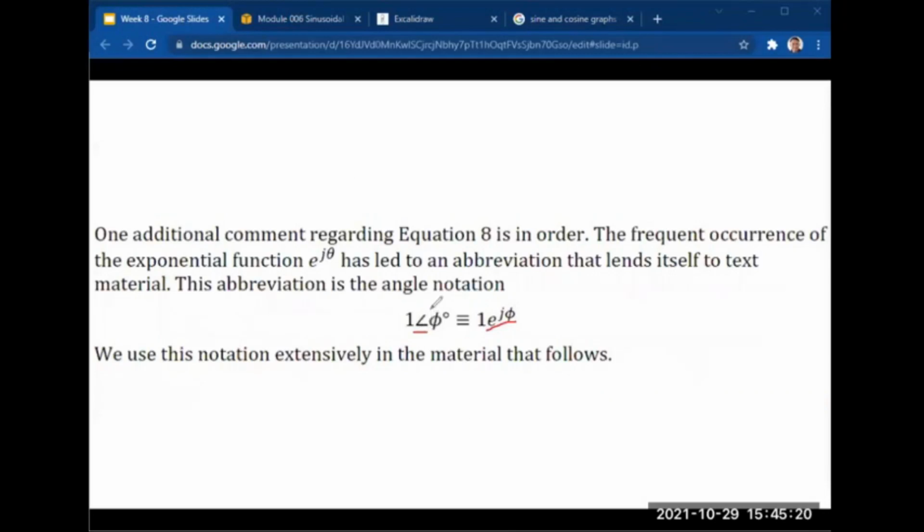I forgot what this is called, but 1 cis. Okay, this is cis. 1 cis theta. Usually we call it 1 cis theta. In this case, since we are dealing with sinusoids, so this is phi. Also 1 cis phi. Okay, so we use this notation extensively in the material that follows.